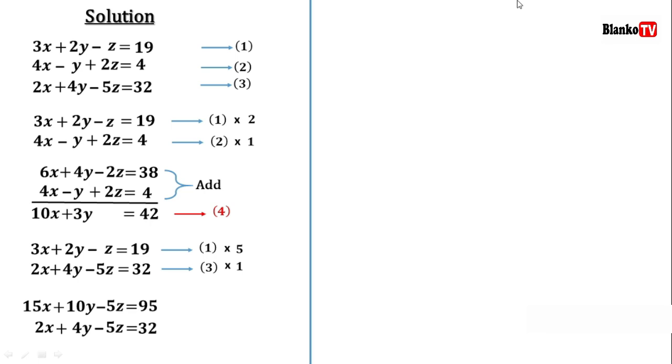I hope you are following the steps. So we subtract 2x plus 4y minus 5z equals 32 from 15x plus 10y minus 5z equals 95.